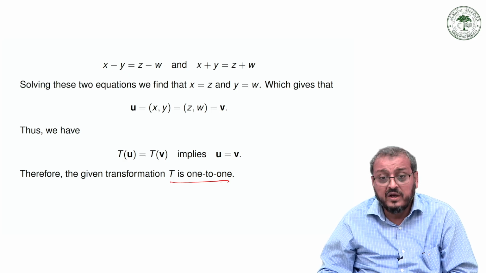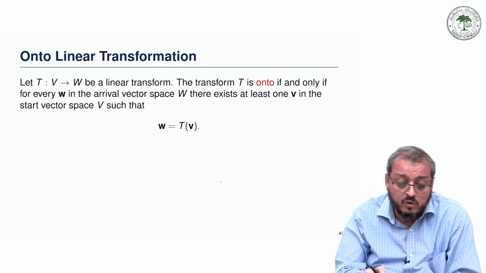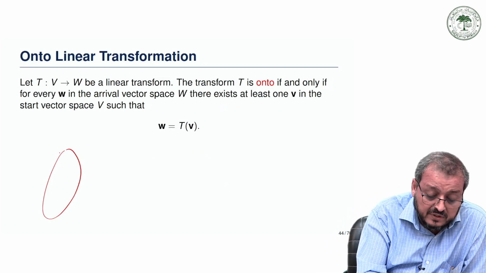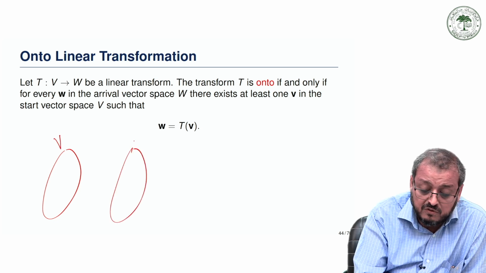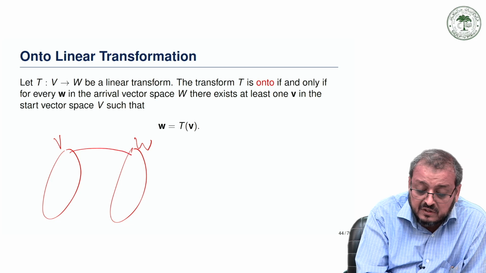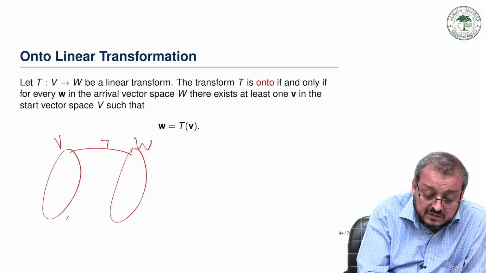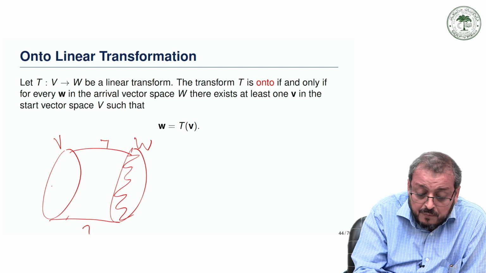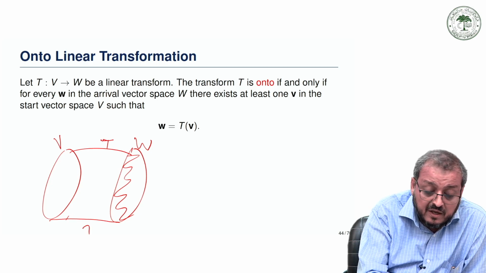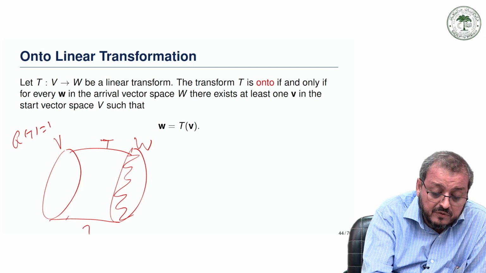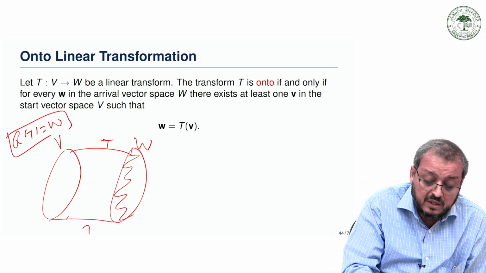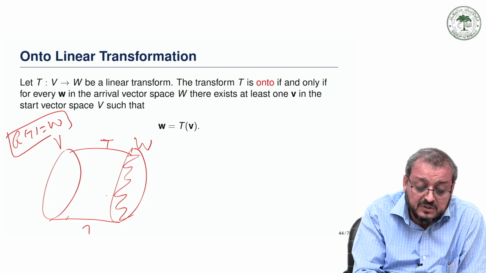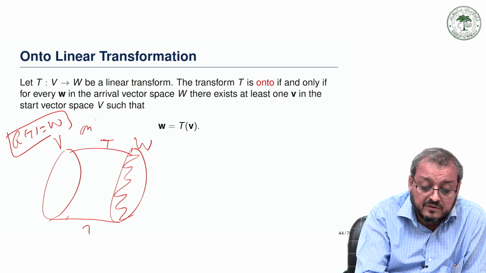Okay, now we define another notion, onto. Suppose we have V and W, and a linear transformation T from V to W. Then the range of T is the same as the whole of W. If the range of T is equal to W, then every element of W is hit. In this case, T is called onto.